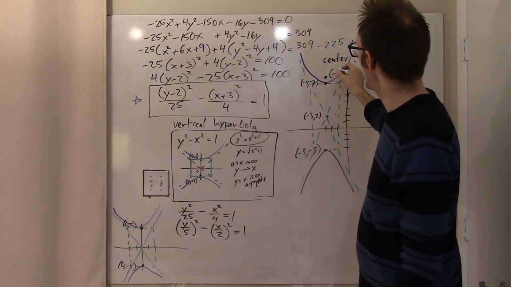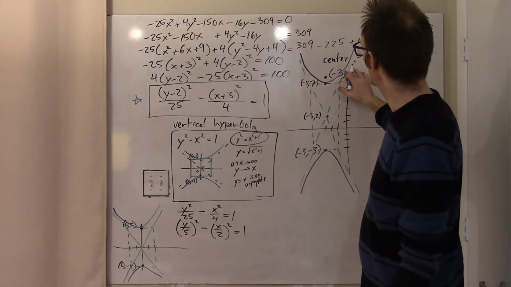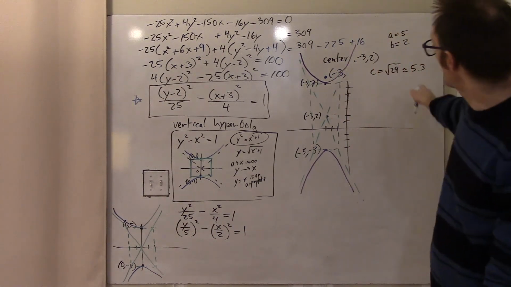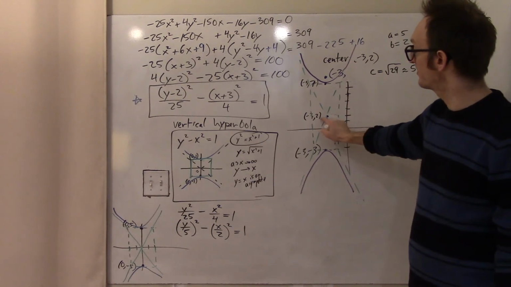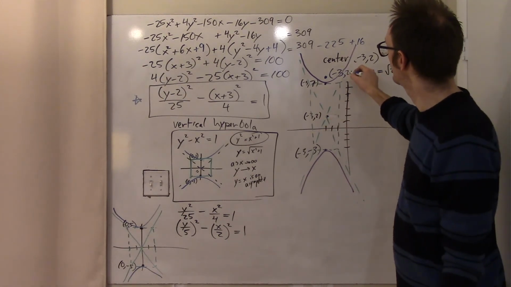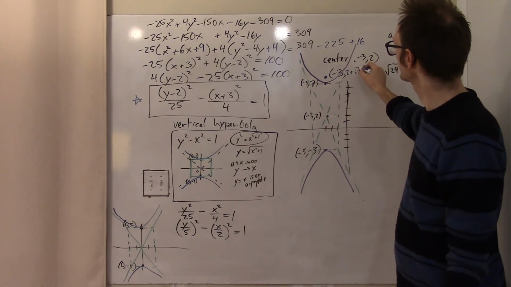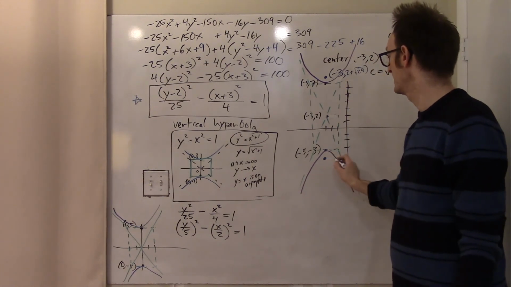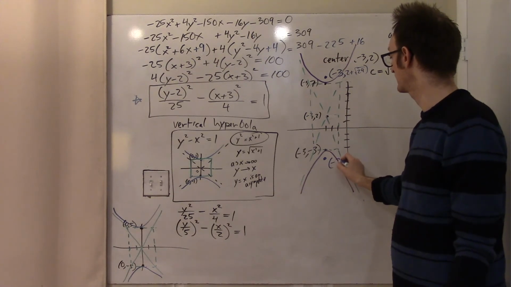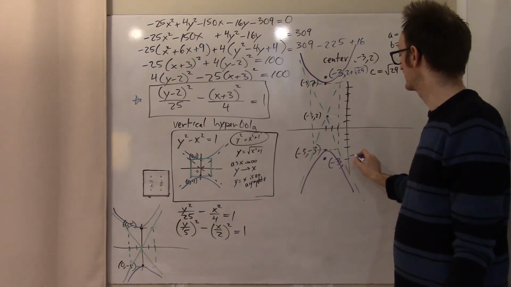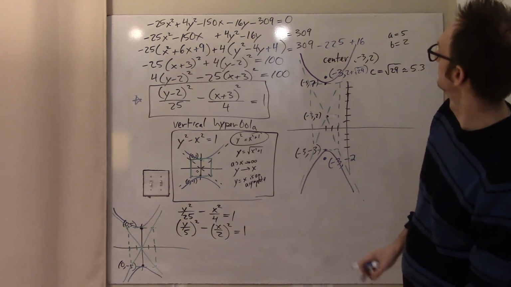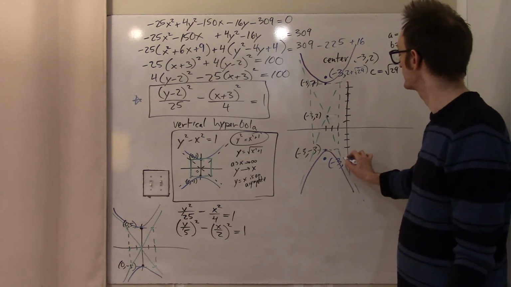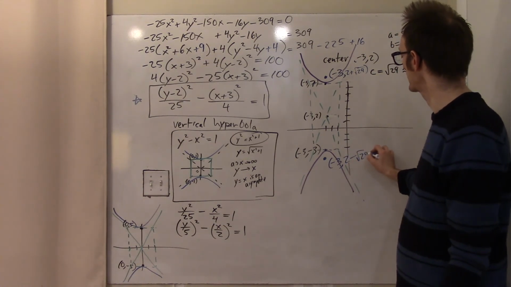It's going to be root 29 away from the center, so (-3, 2 plus root 29). And the other focus will be down here, at (-3, 2 minus root 29).